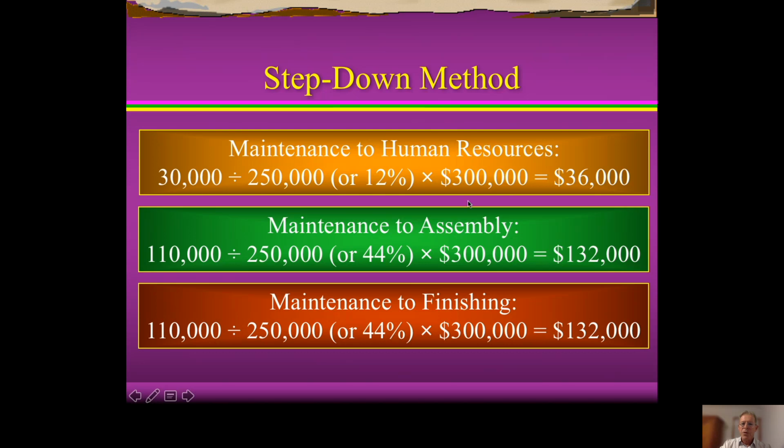So total cost of maintenance is the $300,000. Human resources share their square meters, 30,000 square meters divided by the total number of square meters, gives us 36,000. Maintenance, again, 50-50 split between finishing and assembly. But instead of 150,000 each, because 36,000 has gone to human resources, each are getting that 110 share over 250, or 44% of the 300,000, which gives them 132,000 each.